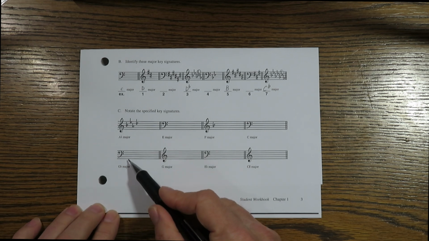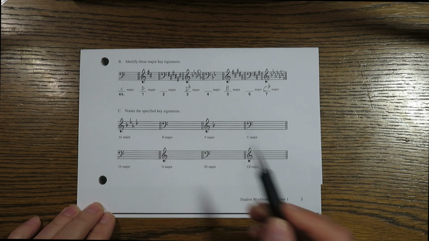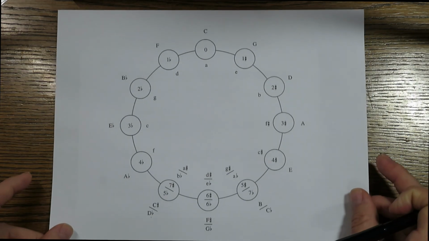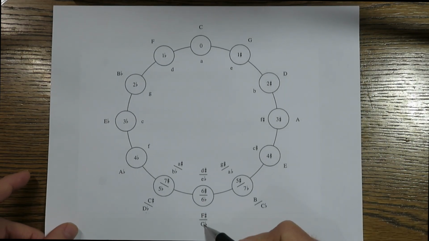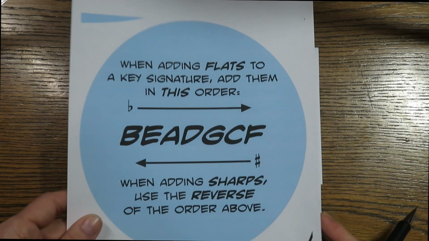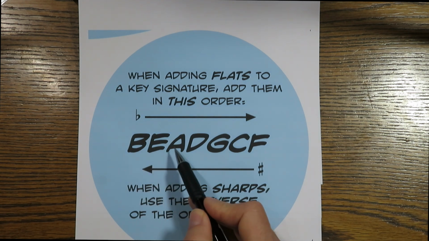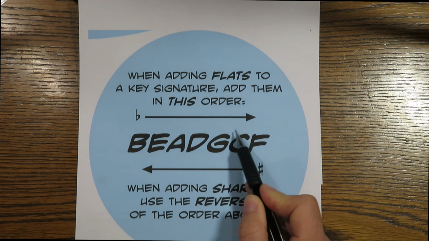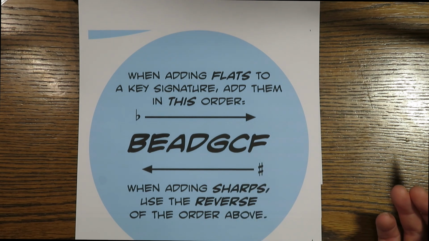Now, G flat major in bass clef. We can look on here, and we see that G flat has 6 flats, and we go here, the order B, E, A, D, G, C, so we always go 1 more flat. That way we can go back to that one to find the key signature.